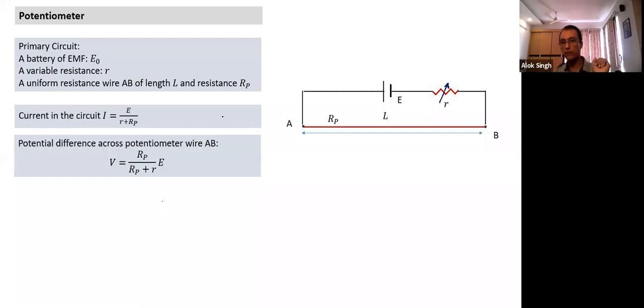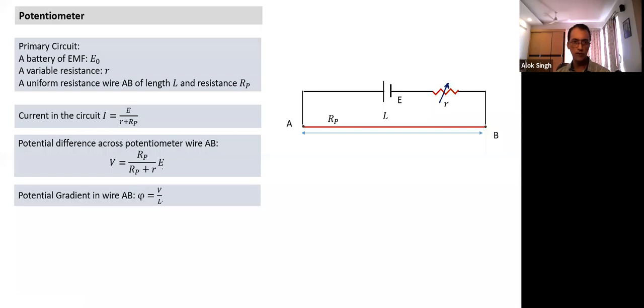Once we have the current, can we calculate the potential difference across the potentiometer wire? Resistance is RP. We can calculate the potential difference between points A and B, which is called the potential difference across the potentiometer wire. That would be equal to current times RP, or we can say the EMF is divided in that proportion: RP divided by the total resistance, RP divided by RP plus r. That's the potential difference. Any circuit, if these things are given, we can very easily calculate the potential difference.